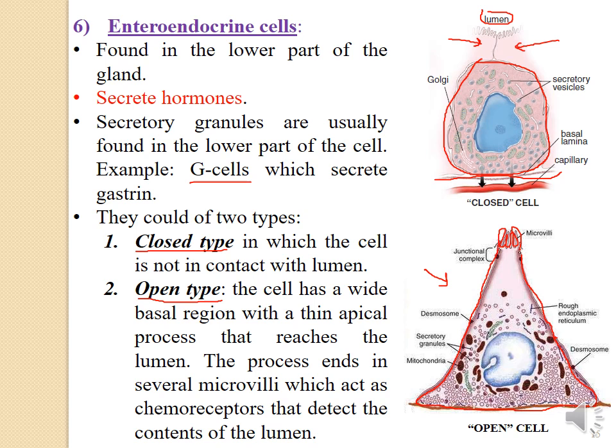So in this type of enteroendocrine cell, the cell is in contact with the lumen through its apical process and microvilli. Now the microvilli of these cells actually act as chemoreceptors. They detect the contents of the lumen of the stomach, and according to what is found, they may release different types of hormones. So this is the open type of enteroendocrine cells of the stomach.